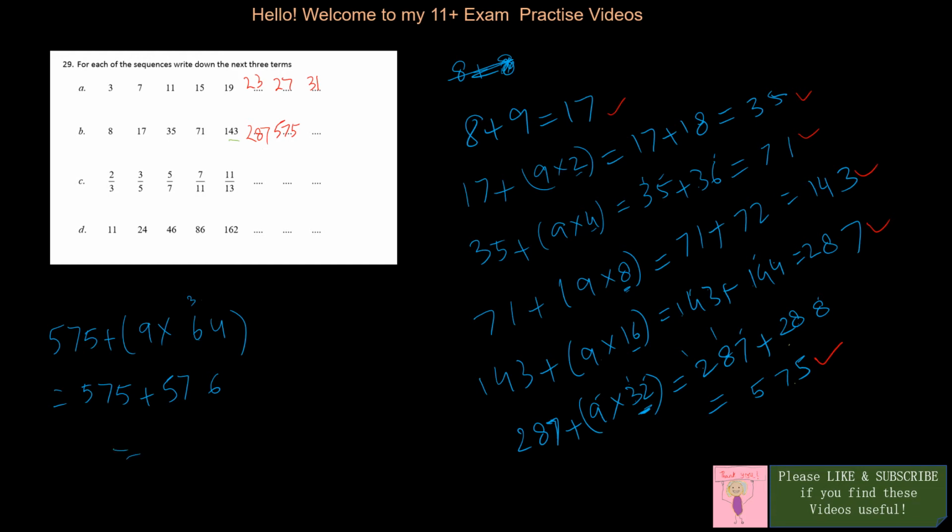So we get 5 plus 6 is 11, 1 and 1 carry over, plus 7 is 8, plus 7 is 15, 5 and 1 carry over, and 5 is 6, and 5 is 11. So my answer is 1151.